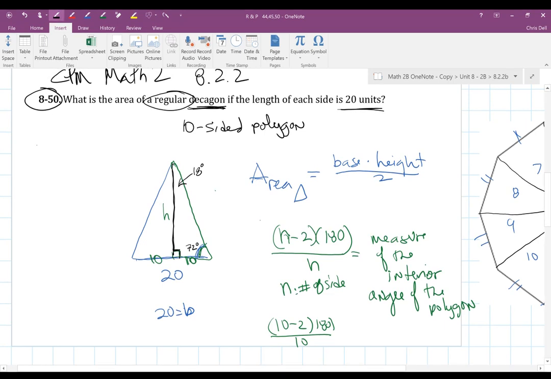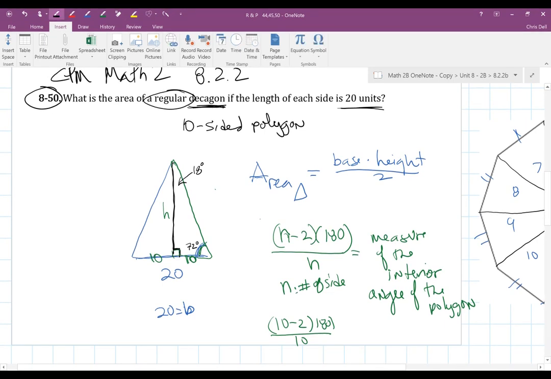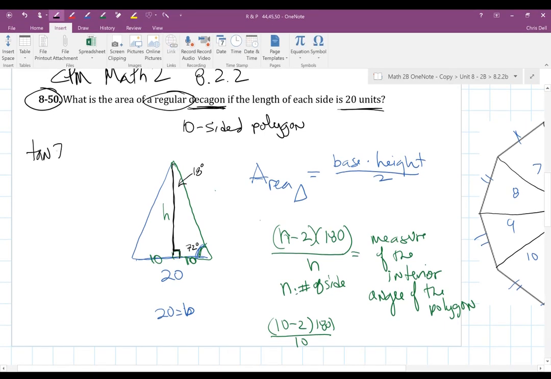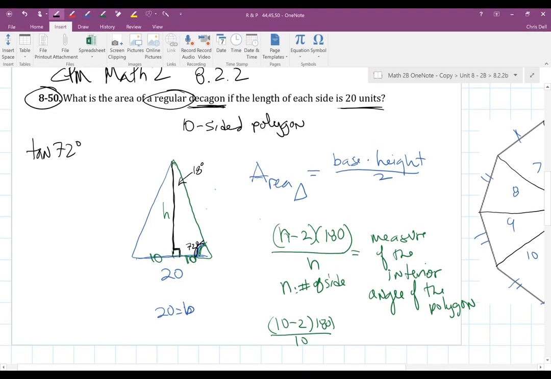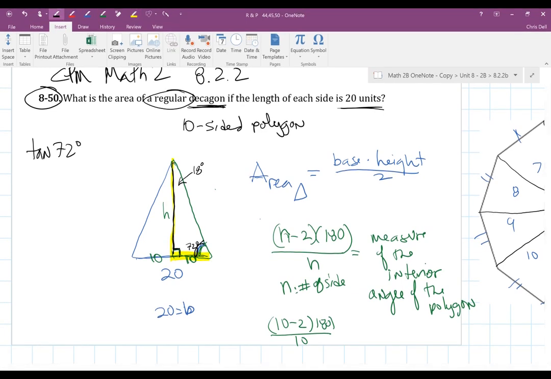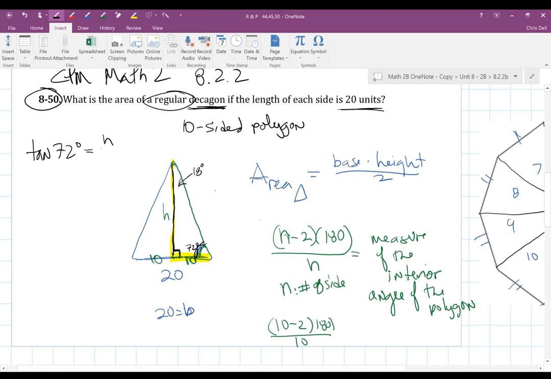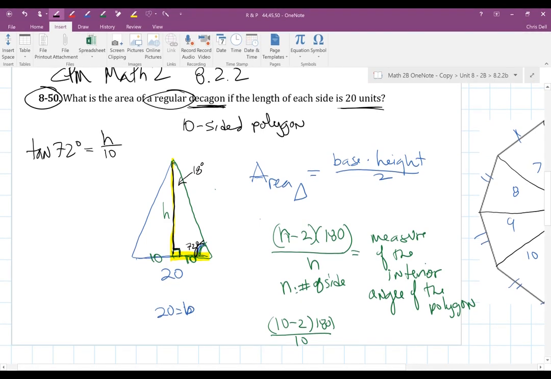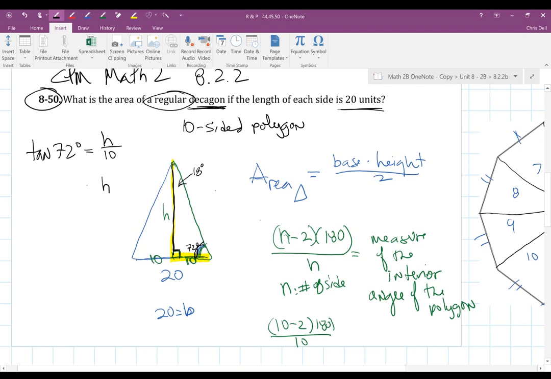But in this case, I'm going to use the tangent of 72 degrees, because tangent is opposite over adjacent. The opposite of the 72 would be my h over adjacent, which would be 10. So now I have a ratio, h over 10, which gives me an opportunity to solve for h. So h is going to equal 10 times tangent of 72 degrees.